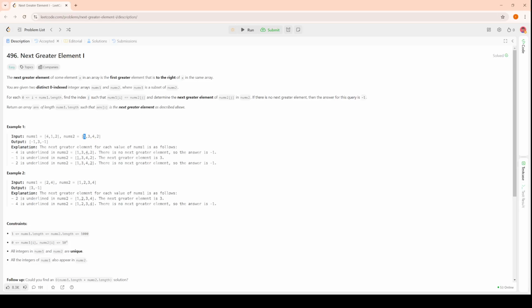And a 1 matches here and goes to 3. But let's say this one was a 2 and this was a 1. So 2 here would match 2 and would go to a 3. But if it was 4 and 3, you'd want to go to a 4. So what I'm trying to get at here is that sometimes the next greater element isn't the most immediate element. It could be a little further away.